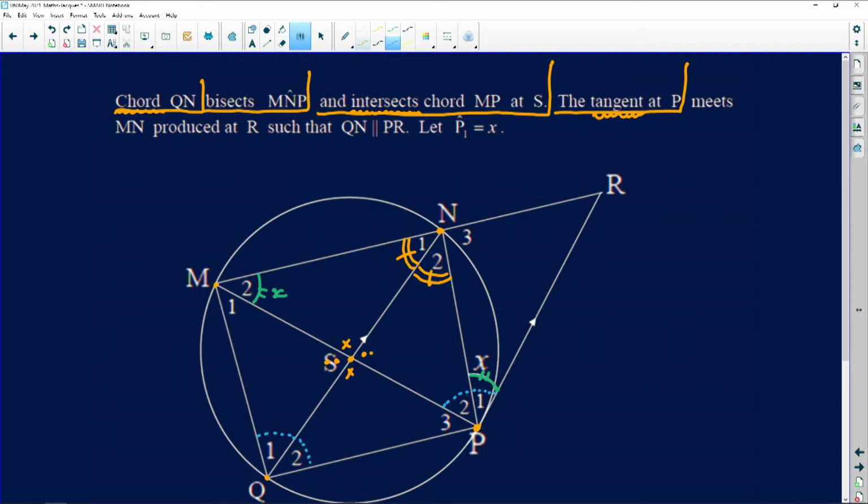Okay, then we go back and it says it meets MN produced. I stop reading. Listen carefully, matrix. If I tell you a chord has been produced, it means that this whole object is straight. So if I tell you something is produced, MNP, you have something that is straight.